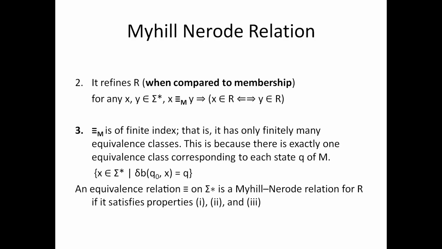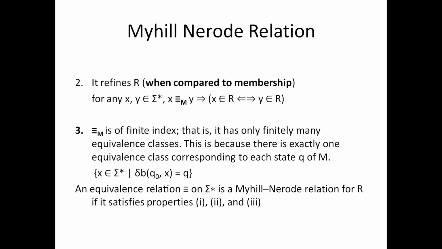The set of states that are reachable is finite, because a finite state automaton has a finite number of states. So the number of equivalence classes is finite because each and every state represents an equivalence class according to this particular definition for the equivalence relation.